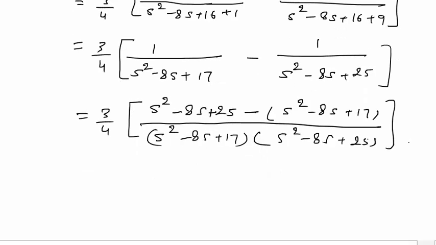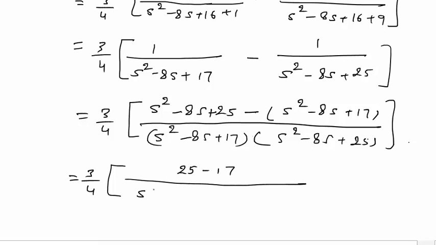Now if we open the bracket, we get 3 divided by 4. We simplify the numerator: s square minus 8s will cancel, and we have in the numerator 25 minus 17, whole divided by s square minus 8s plus 17 in one bracket, and s square minus 8s plus 25 in another bracket.